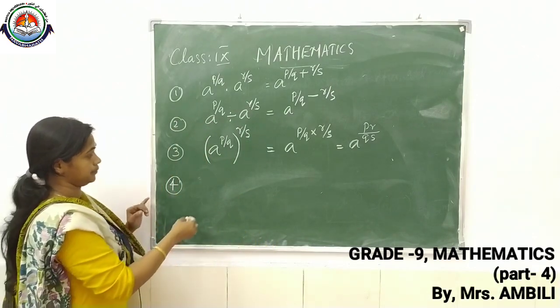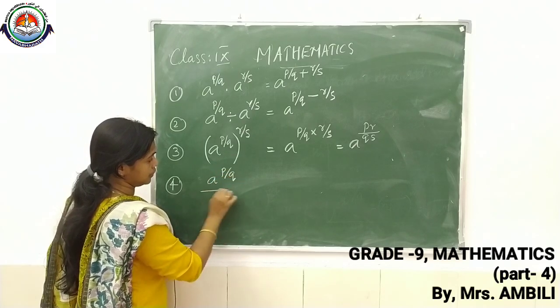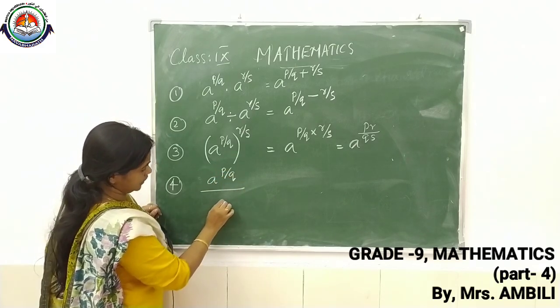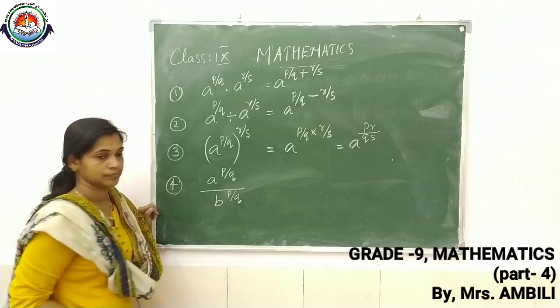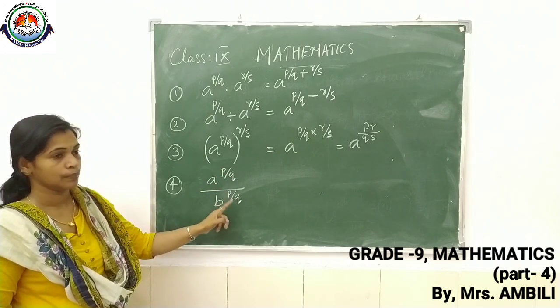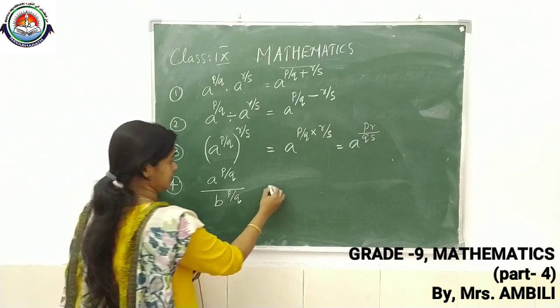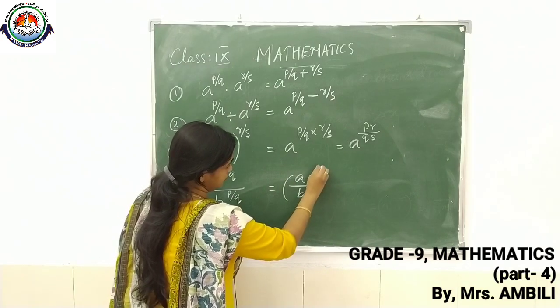Okay, fourth one. A raised to p by q divided by b raised to p by q. How can we write? A by b, the whole raised to p by q.